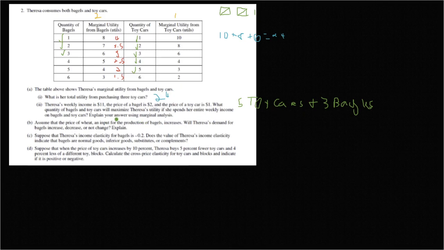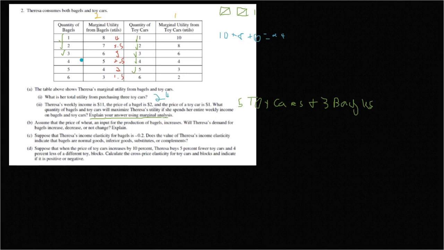Okay, and it says, explain your answer using marginal analysis. So we are at the point where the marginal utility of the toy cars over the price is equal to the marginal utility over the price of bagels.